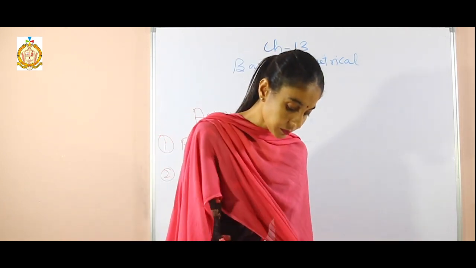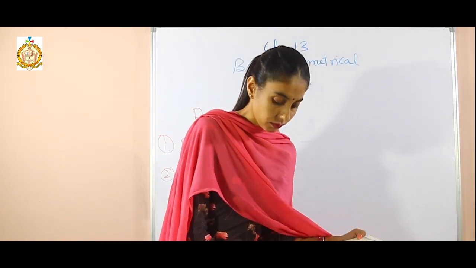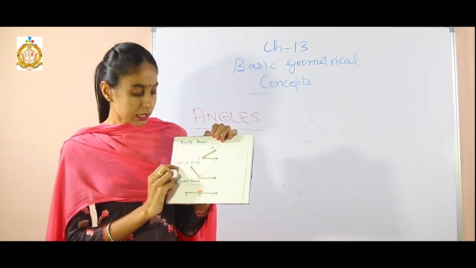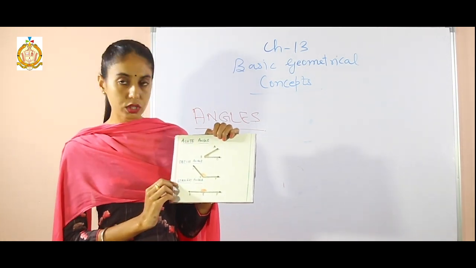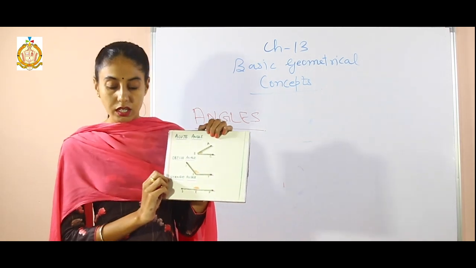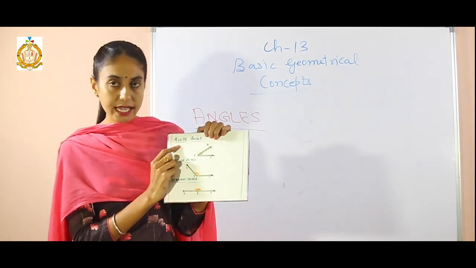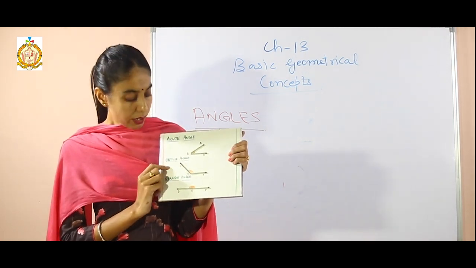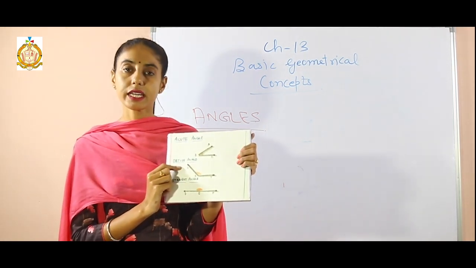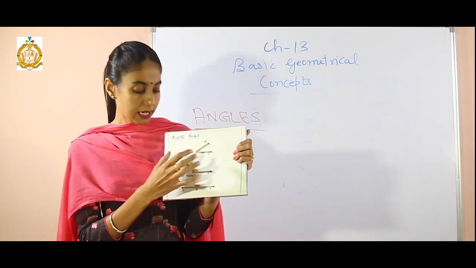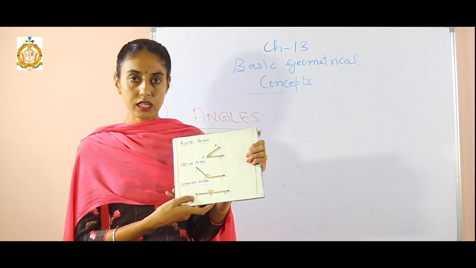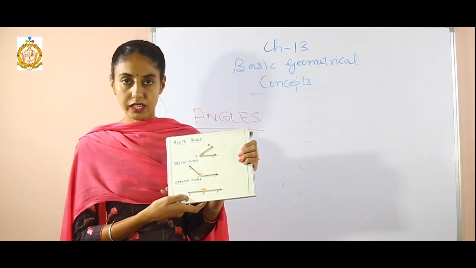The second is the acute angle, the third is the obtuse angle, and the fourth is the straight angle. An acute angle's measure lies between 0 and 90 degrees. The third one is the obtuse angle, whose measure lies between 90 and 180 degrees. And the last one is the straight angle. Its measure is 180 degrees.